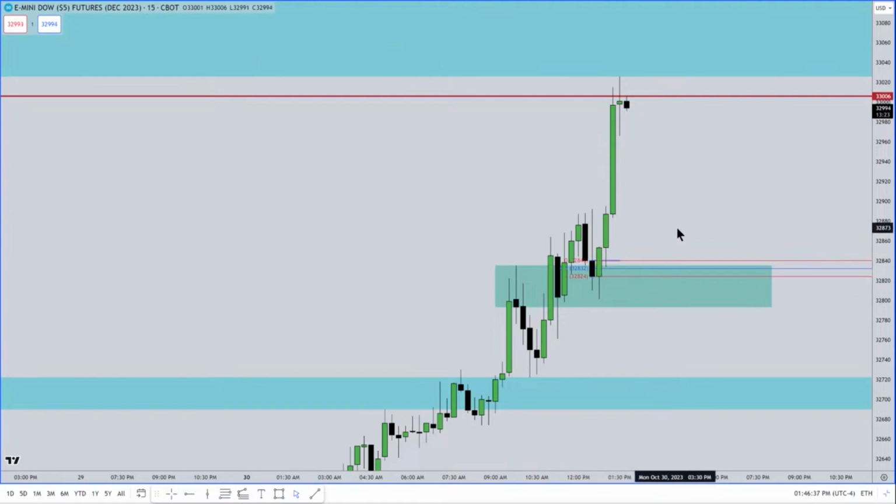There's your body, okay? Did this wick through the lower end of that shaded area that we're drawing our attention to? No. Does it wick above it? Sure it does. But we don't care about that. That doesn't disqualify this order block, okay? From the opening down to the low, that's mean threshold, okay?